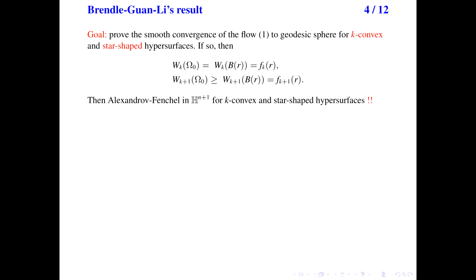So the goal is to show that the flow converges to a geodesic sphere for general k-convex and star-shaped hypersurface. If this can be proved, then we can compare the initial values of W_k and W_{k+1} with their limit value, which is a constant.